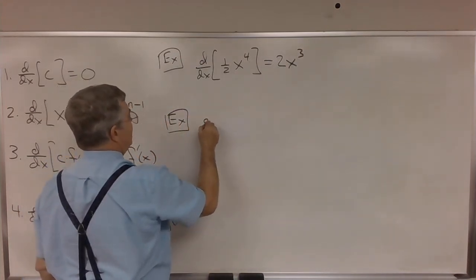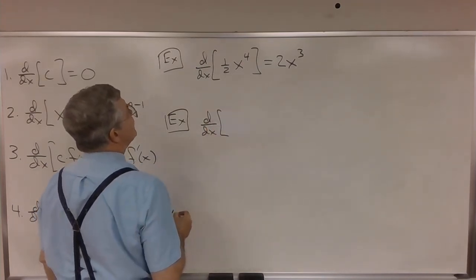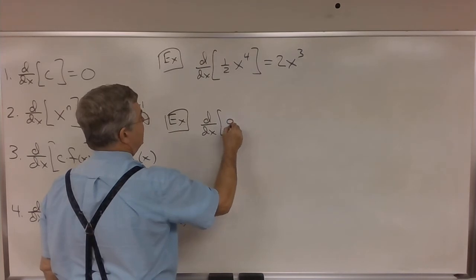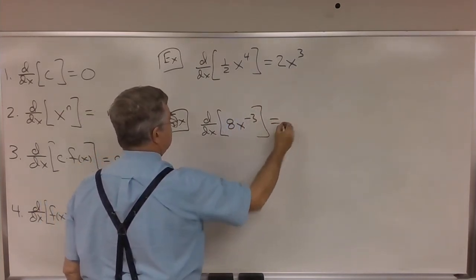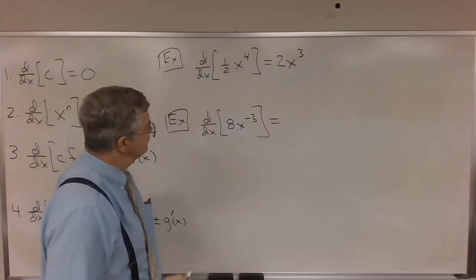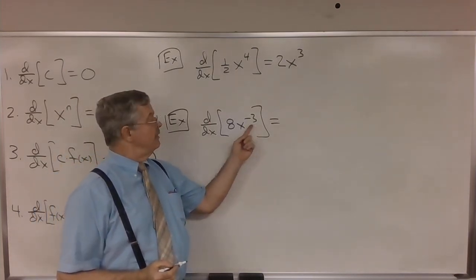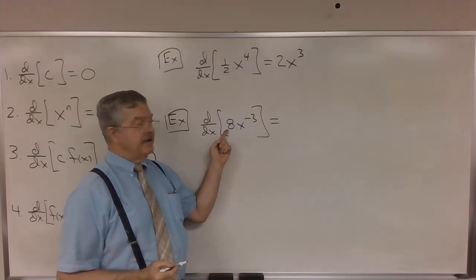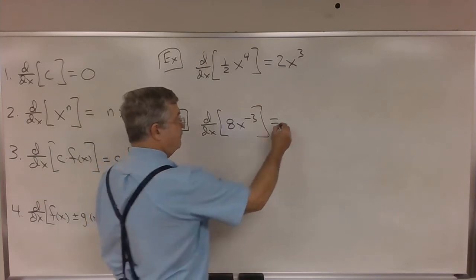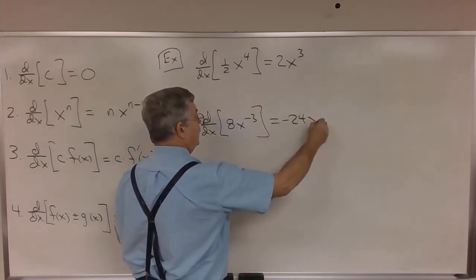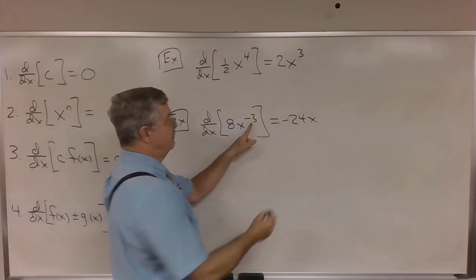Let's try another one. What do you think? Bring the exponent down front and multiply it by the constant. So we have negative 3 times 8 is negative 24. And then we subtract 1 from the exponent.